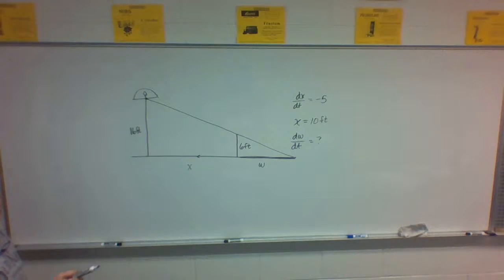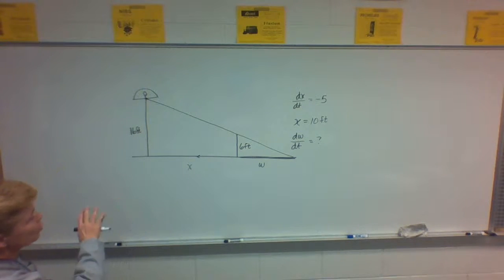Read through it again one more time and see if there's any information I haven't put on the picture in some way or another or listed. Got everything? Okay, when we have everything listed or put on the picture if it's static, variable if it's not, now we've got to find out how all this stuff is related.